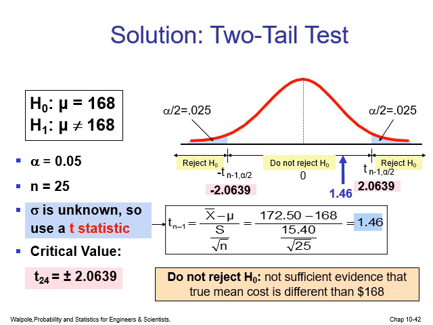The critical value is t24 equals plus or minus 2.0639, and the t value here equals 1.46, which is still inside the acceptance region, not the rejection region, so we cannot reject the null hypothesis because there is no sufficient evidence that the true mean cost is different than $168.